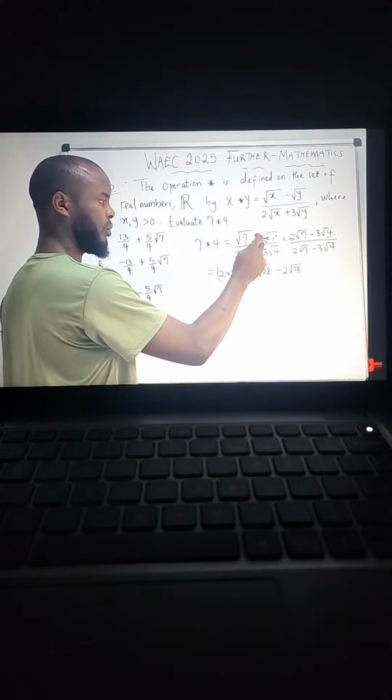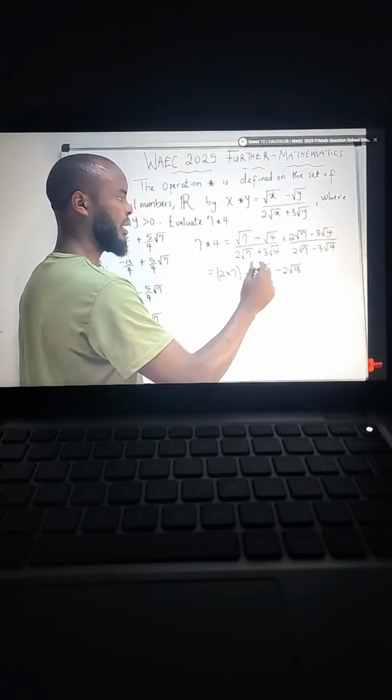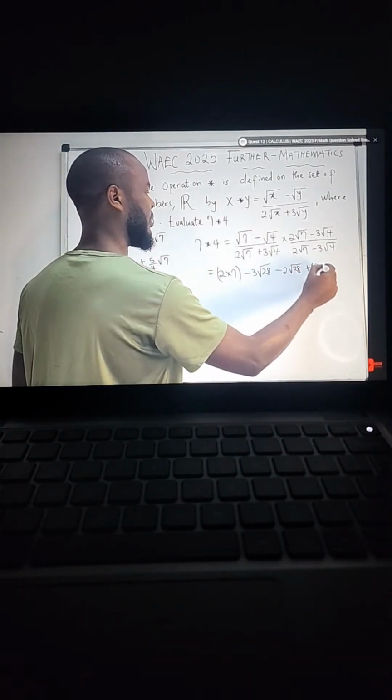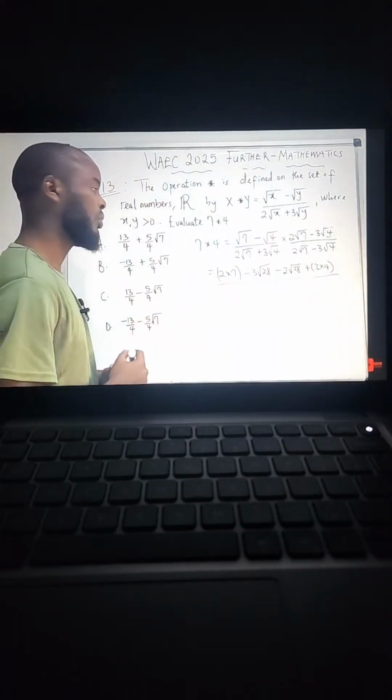Okay? And from here too, here we have negative root 4 multiplying negative 3 root 4. You have plus 3 times 4. Alternatively, you can simplify root 4 as 2. Then you continue doing this.